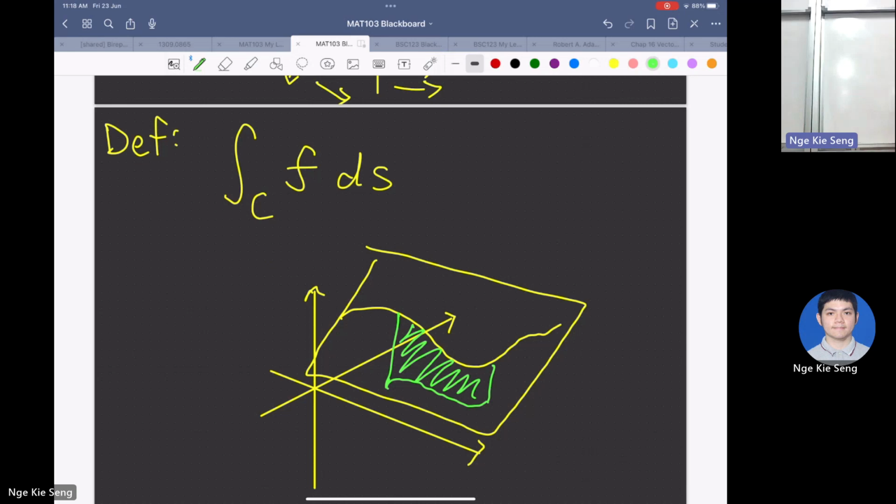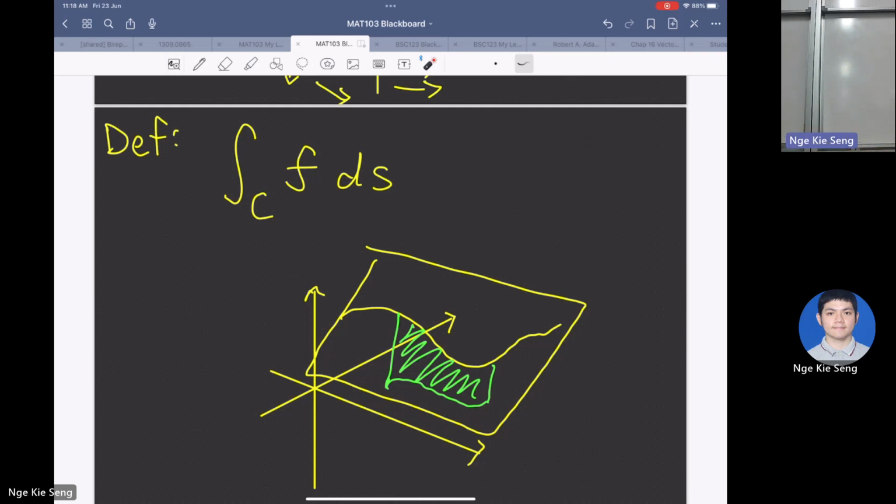Last time I said that these curves are points in 3D space. So how do you collect all these points? The domain is 2D in this case. So how do you collect all these XY points?